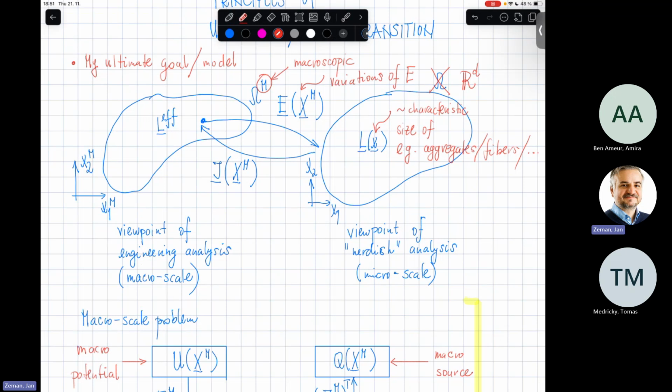This is equivalent, right? Because these are just local properties in that understanding.